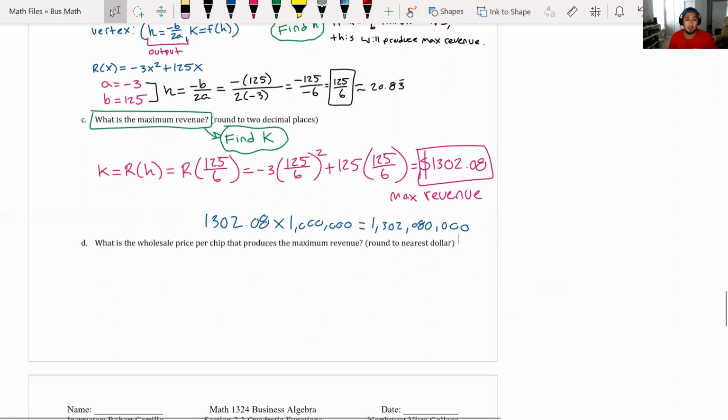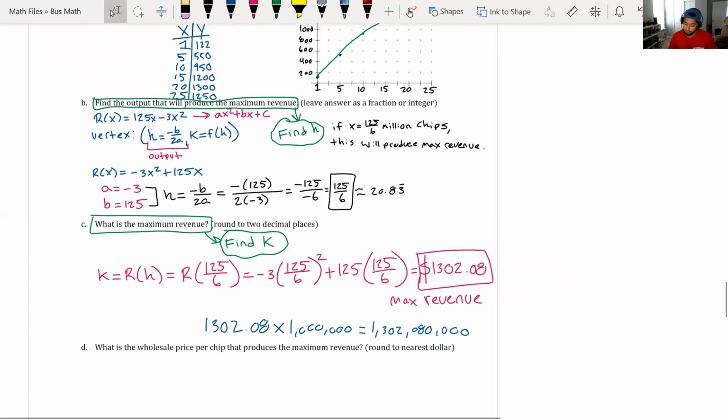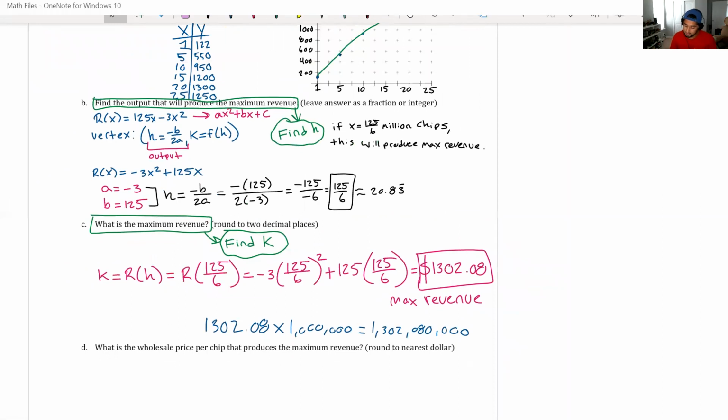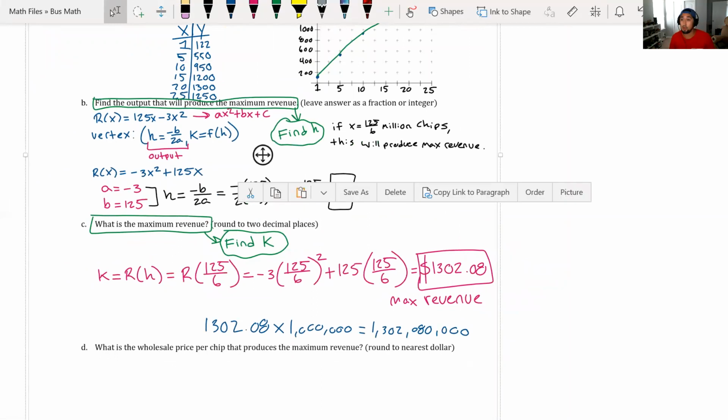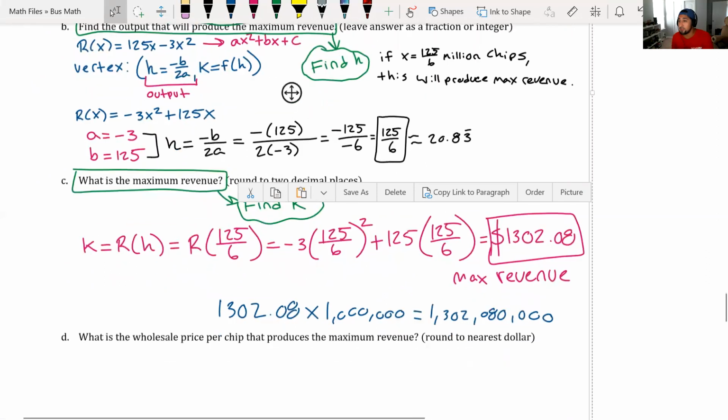And then D, what is the wholesale price per chip that produces the maximum revenue? So what we're going to do is take our X value of 125/6, or our H value.